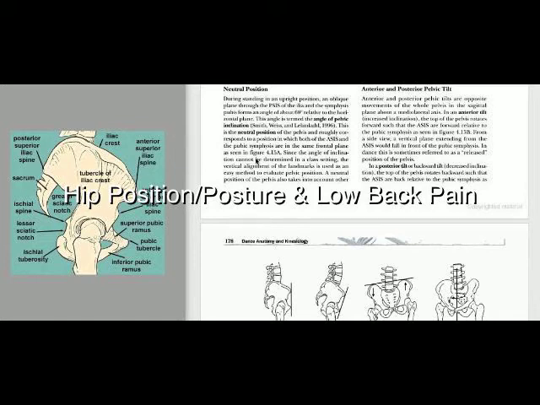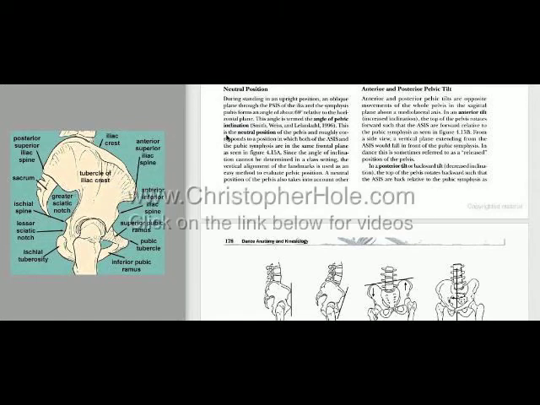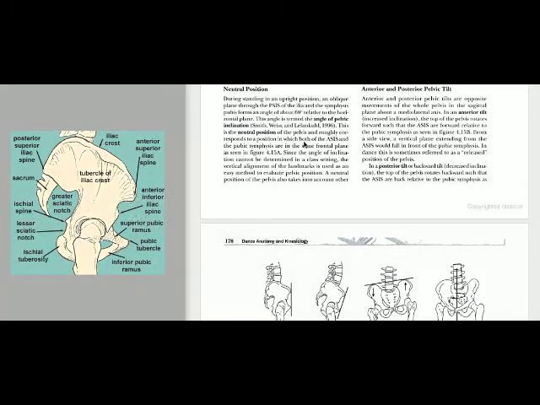This is the neutral position of the pelvis and roughly corresponds to the position in which both the ASIS, which is the anterior superior iliac spine, the lumpy knobbly bit on the front, and the pubic symphysis are in the same frontal plane, as seen in figure 4.15a, and that corresponds to this one.